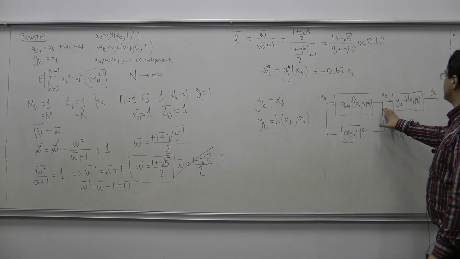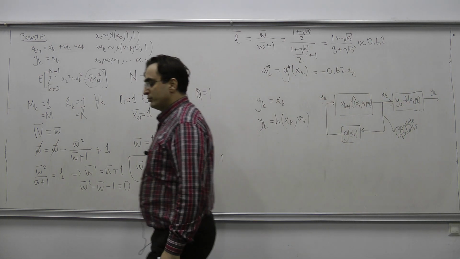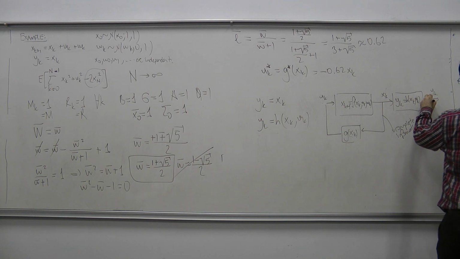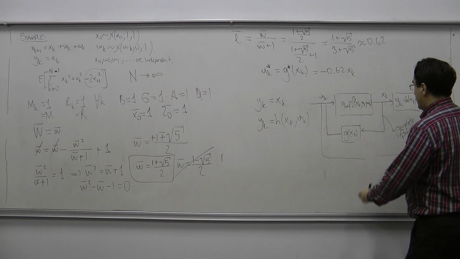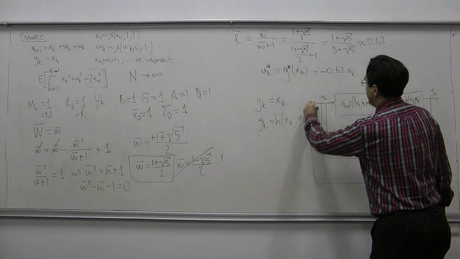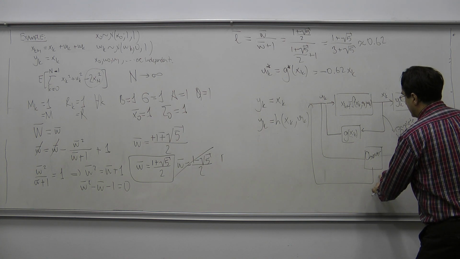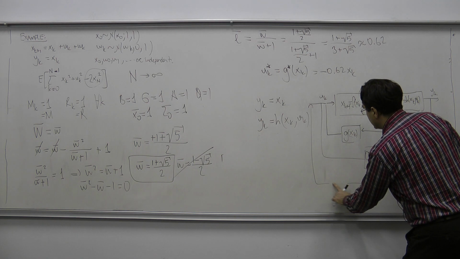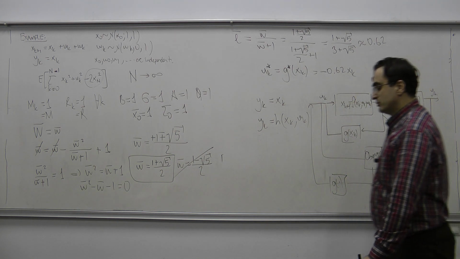But in the general case, when the output is not equal to the state itself, we have to design a form of observer that would estimate the state of the system, and I would put here an observer, and then feed it back to the system. This would give me an estimate of the state, xk hat, and we will feed it back via another function to the input.